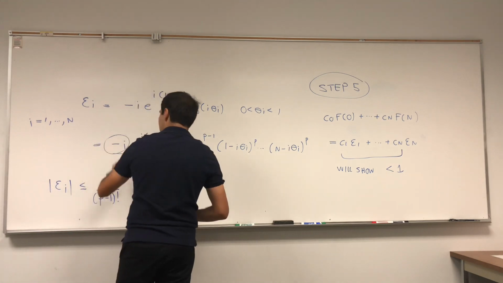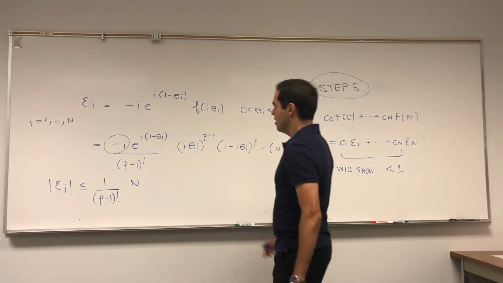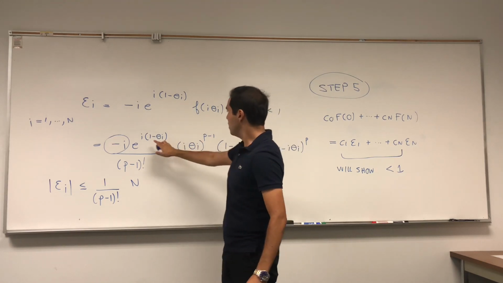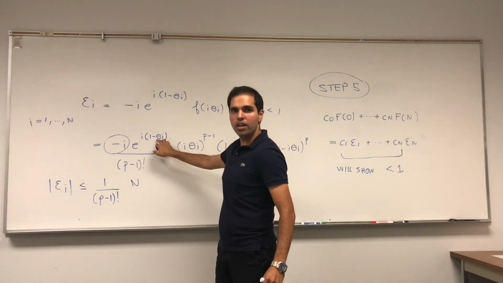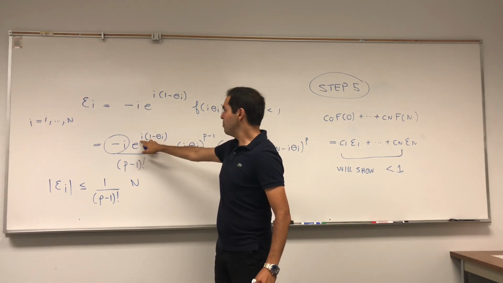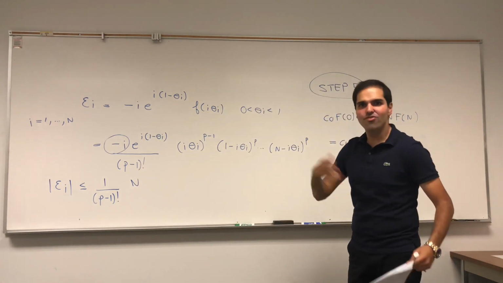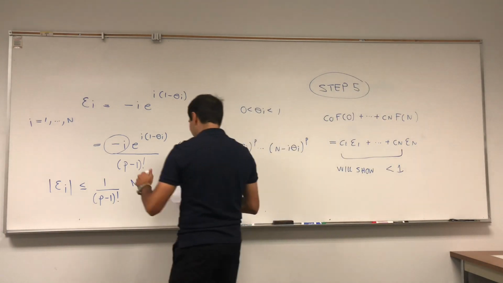So worst case scenario, this is n. And also, remember theta I was between 0 and 1. So this is also between 0 and 1. So if you multiply this by I, it's strictly less than I, and just very roughly it's less than n. So this is e to the n.